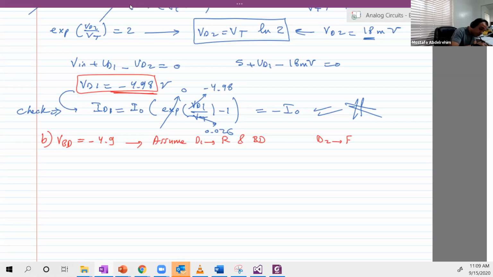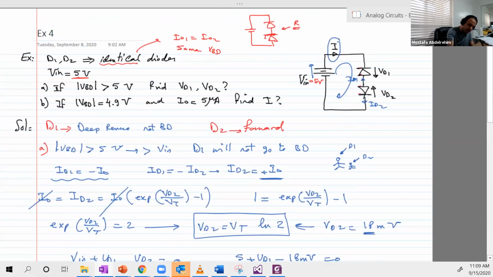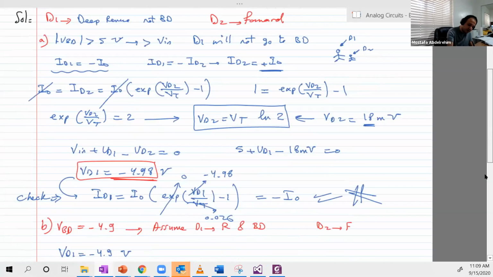Good. So let's continue on that and see what will happen afterwards. Since we assume that D1 is in breakdown, VD1 is equal to minus 4.9 volt. Remember, the required quantity is I, this current here.